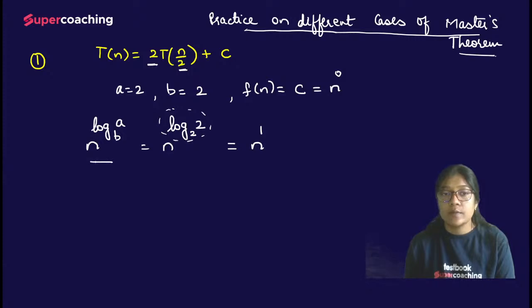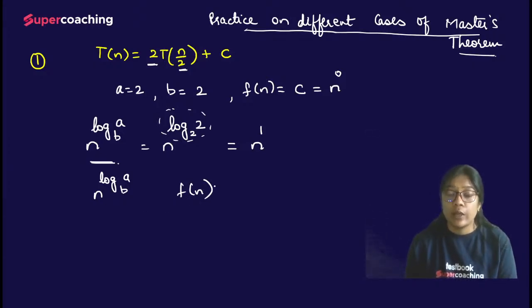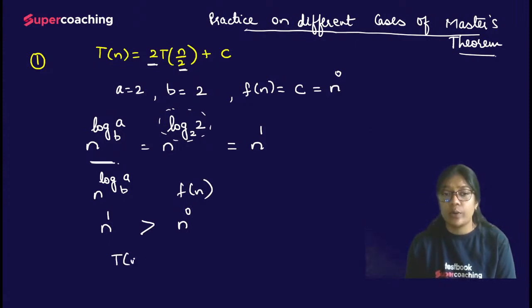अब क्या करना है, इस value को compare करना है with f of n. We are going to compare n raised to power log a with f of n. First question है, इसलिए मैं depth में steps लिख रही हूँ, आपको इतनी depth में नहीं लिखना है. So if you compare this, this is coming out to be n raised to power 1, this is n raised to power 0. Which function is greater? Obviously n raised to power 1 is greater, so we will say that here the time complexity comes out to be theta of n.